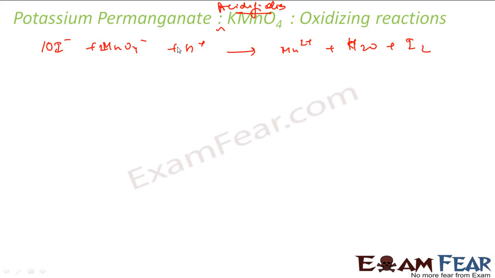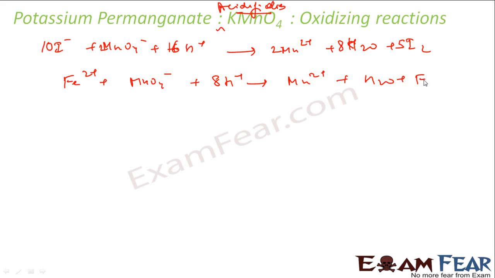This is 2, this is 16H plus, and this is 2, this is 8, and this is 5 iodine. Same thing, iron also. You have Fe2 plus in the presence of MnO4 minus, again acidic medium. It will get reduced itself and oxidize iron 2 plus to iron 3 plus, and this Fe3 plus is yellow in color actually, and this Fe2 plus is green in color.